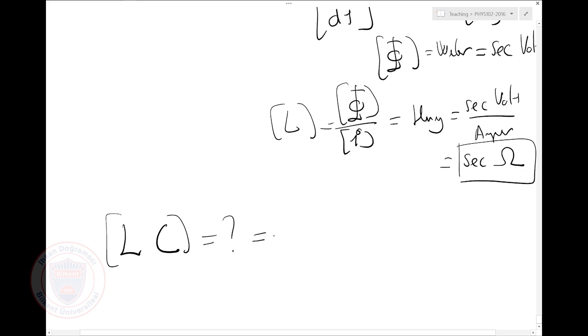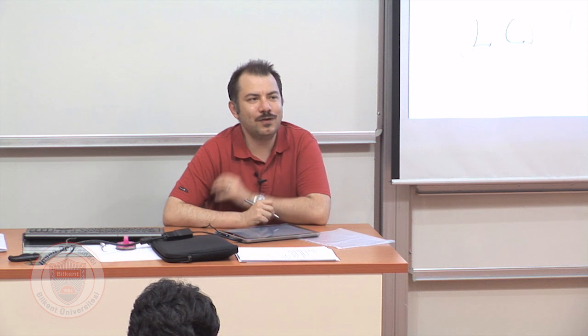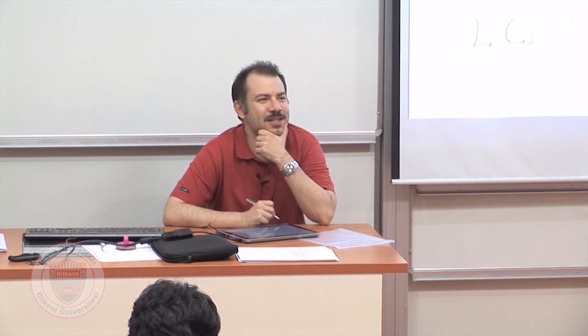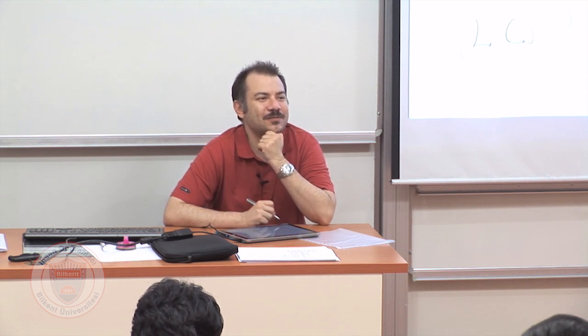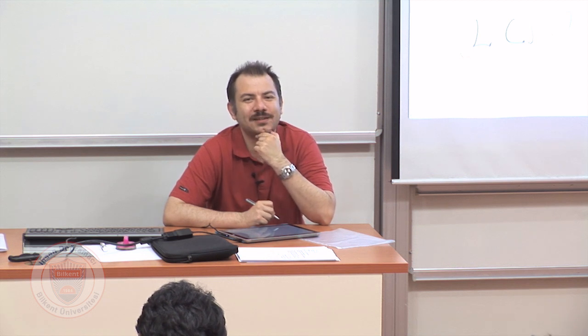L is ohm seconds and capacitance farad is seconds divided by ohm. So it will be second square. That's very strange, right? L times C gives you a time square unit. So square root of L times C would be a time unit.